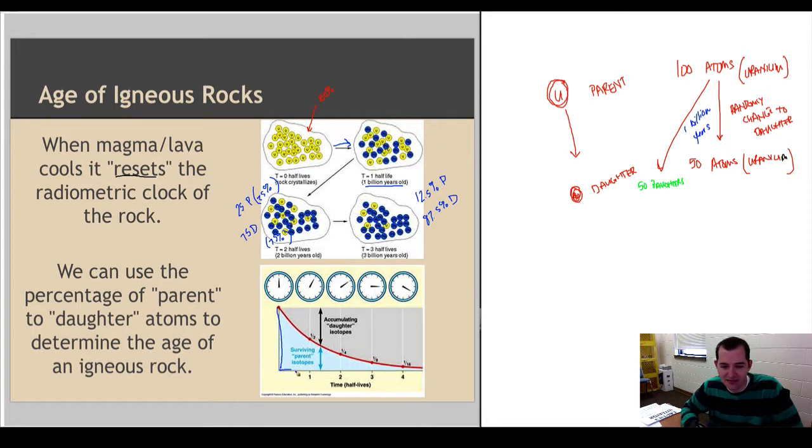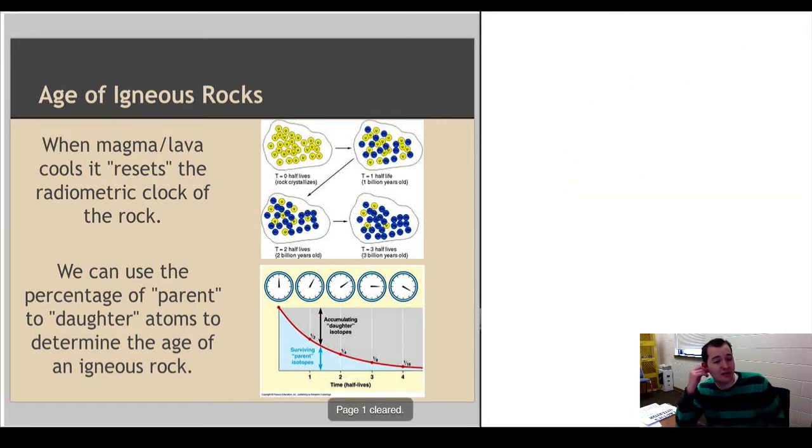As half-lives go on across the bottom, the 1s, 2s, 3s, and 4s, we can predict what the percentages of parents to daughters should be, and we use that percentage to determine how old a rock is. We'll get lots and lots of practice with this, but that is the basic overview of how we can figure out how old igneous rocks are.